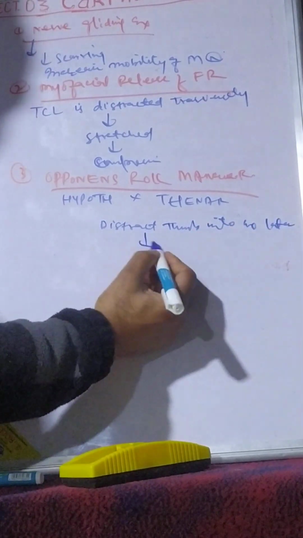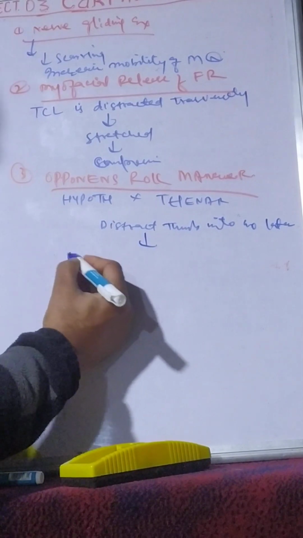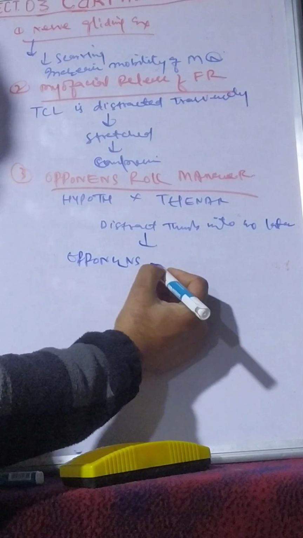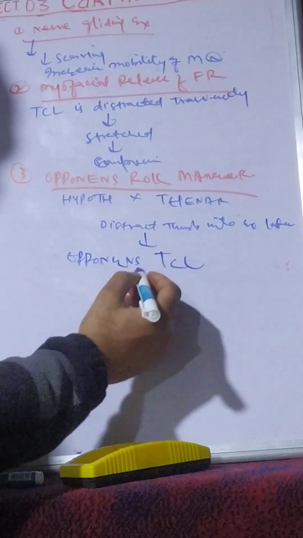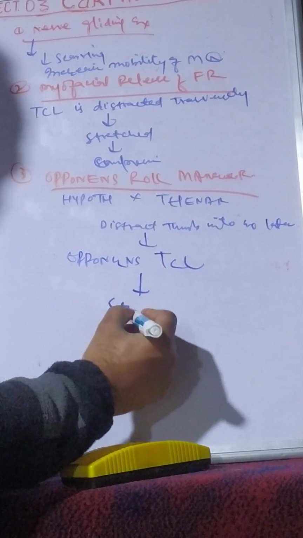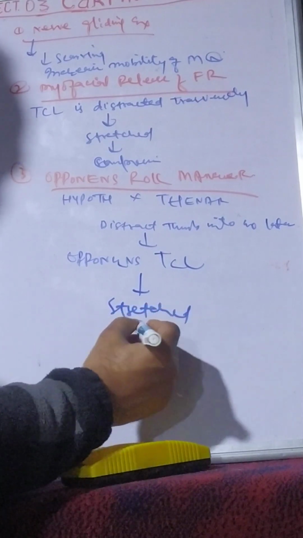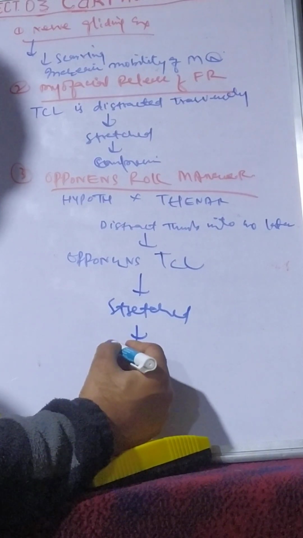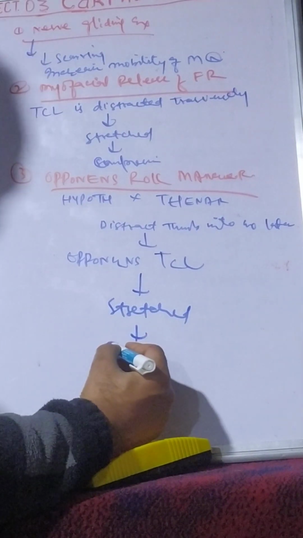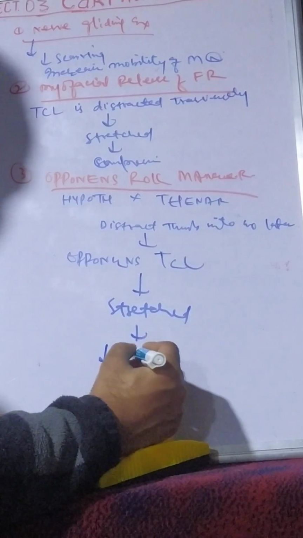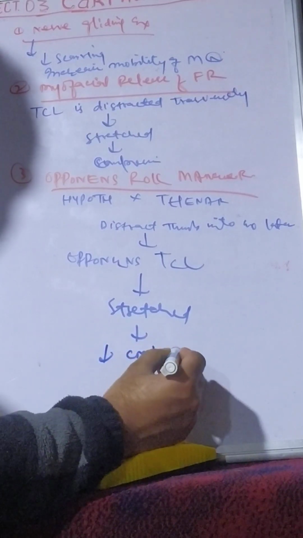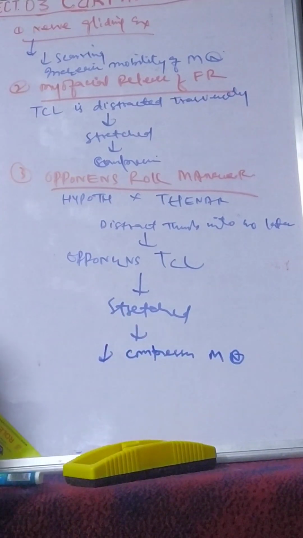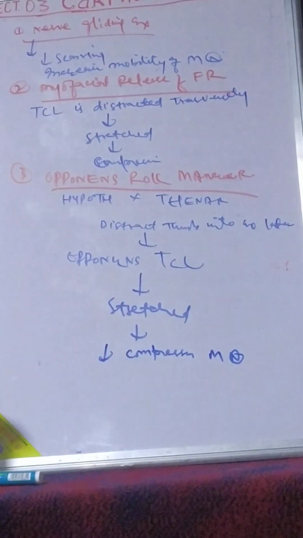The opponens muscle and the transverse carpal ligament get stretched. When it gets stretched, it means a decrease in the compression on the median nerve, which means release of the symptoms of carpal tunnel syndrome.